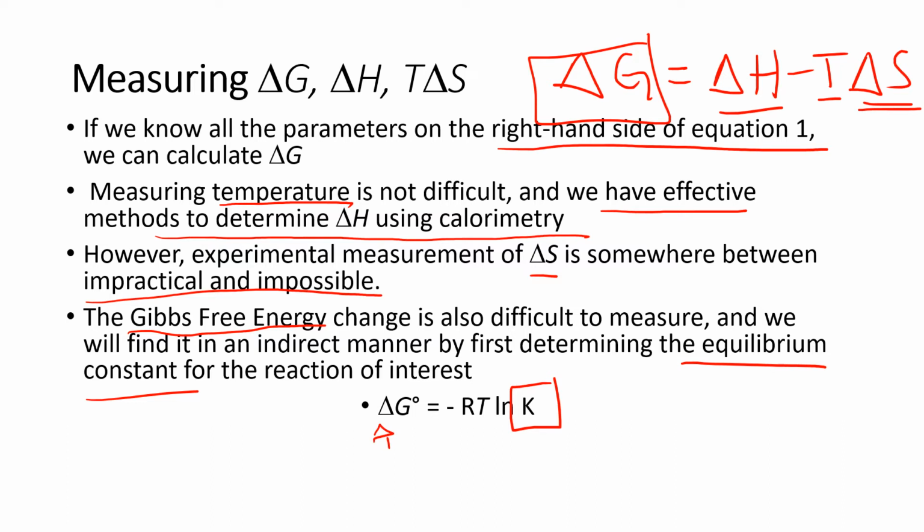As you can imagine, you're going to have to do some algebra, divide both sides, and do some sort of anti-log because you have that ln right there, so I'll leave that up to you, but that's the main idea here. We are solving for equilibrium constants in order to solve for delta G because we can't measure delta G directly. And this is true not only on this virtual lab, but also in an actual lab, it's difficult.